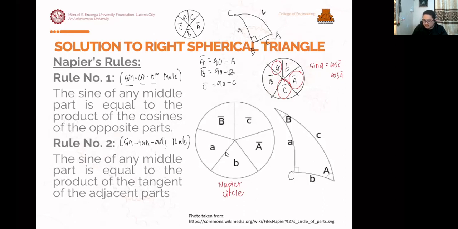So, ibig sabihin sine nung middle part and then halimbawa ito yung given. So, sine nung angle bar B is equals to tangent of side A and tangent of side bar C. Okay? So, ang kailangan mo lang aralin na tandaan na term is yung sine co-op at saka sine tan-ad.